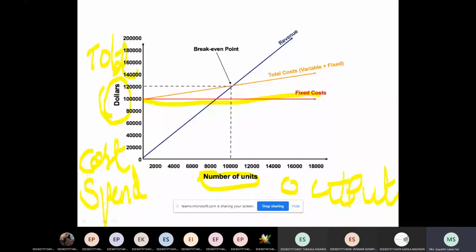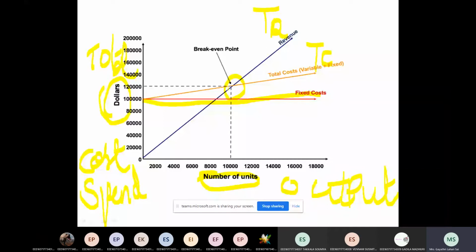I am taking total revenue as TR and total cost as TC. TR should be equivalent to TC now. The TR line is violet colored, the TC line is orange colored. Now you can see there is an intersection point where both lines are meeting.